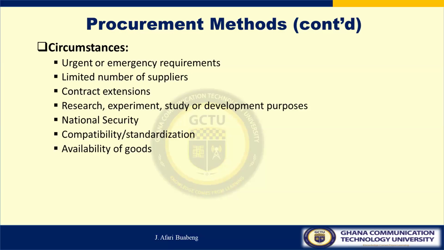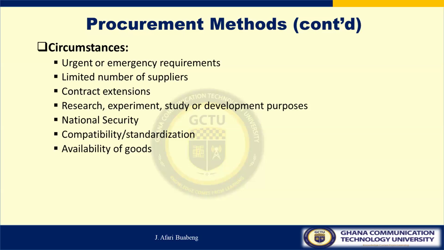And we will come to competitive tendering shortly. The default method is competitive tendering. So ideally, all procurement methods must be subjected to what? Competitive tendering method. And as we know, due to certain circumstances, subjecting our procurement through competitive tendering method may be ideal, but will not be suitable for the entity for situations like what you see on the screen.